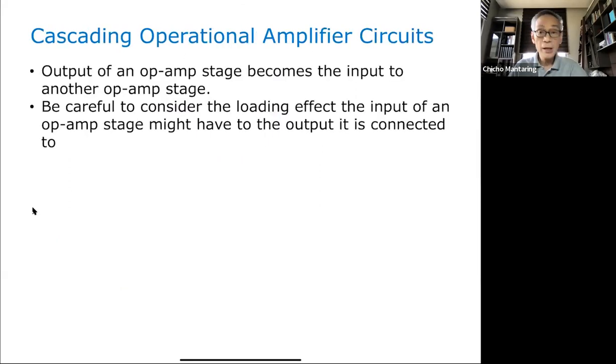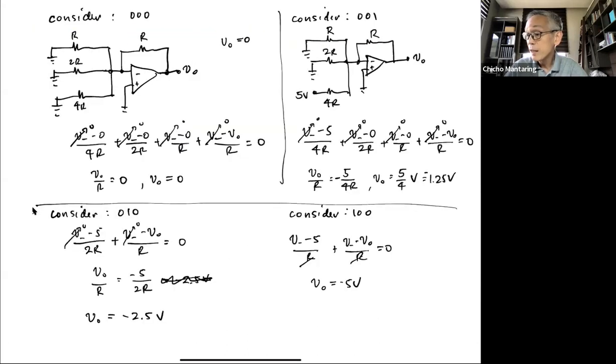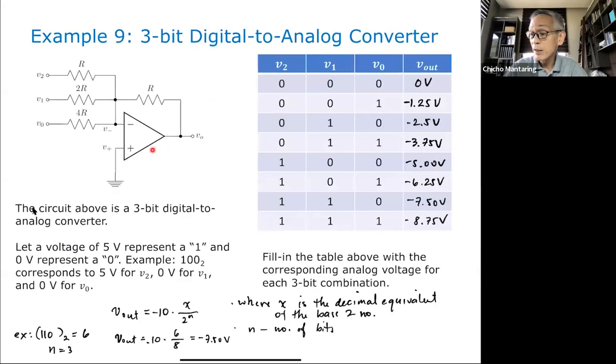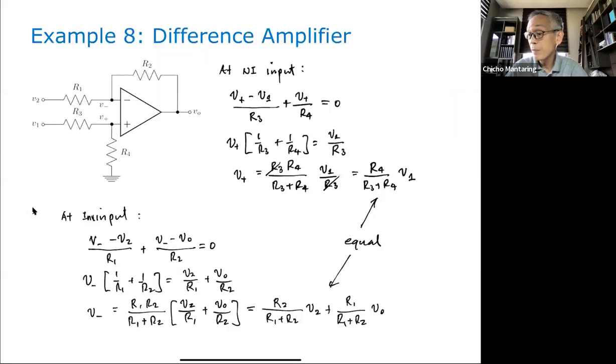Okay, the last thing that I want to discuss with you now is cascading operational amplifier circuits. So far we've talked about single operational amplifier circuits. All of the circuits that I've discussed so far, you only have one op amp. In this case, you have one op amp, here you have one op amp, and so forth.